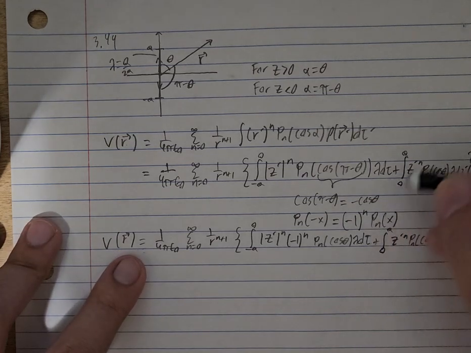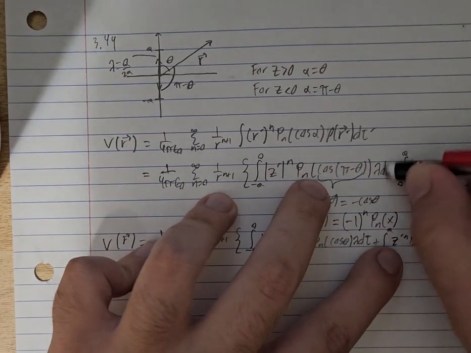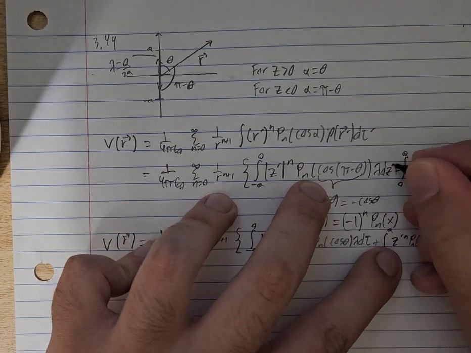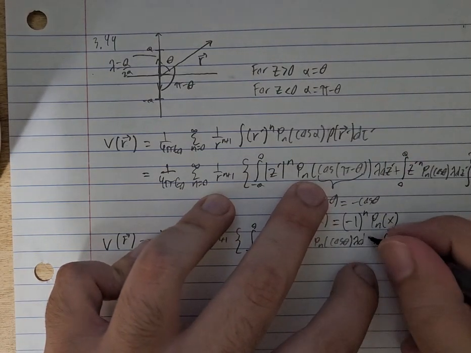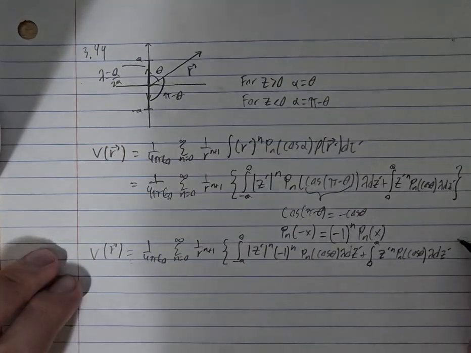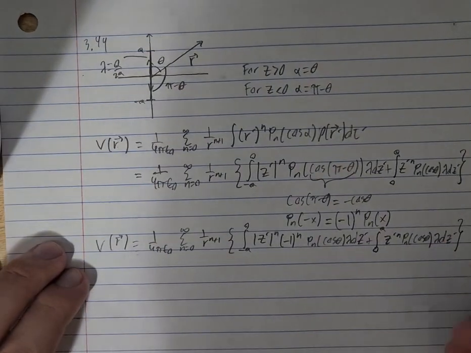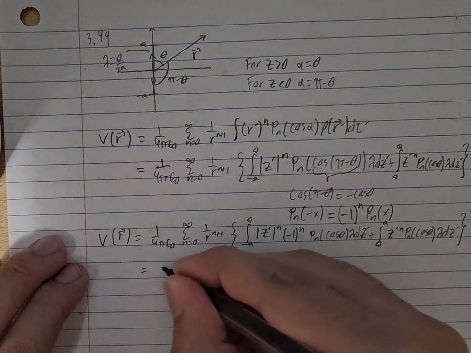Or this should not be a d tau. These both should be dz prime, right?